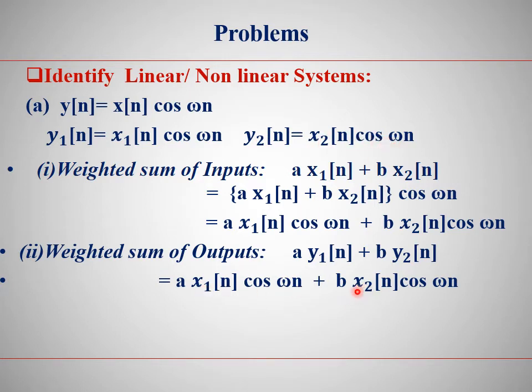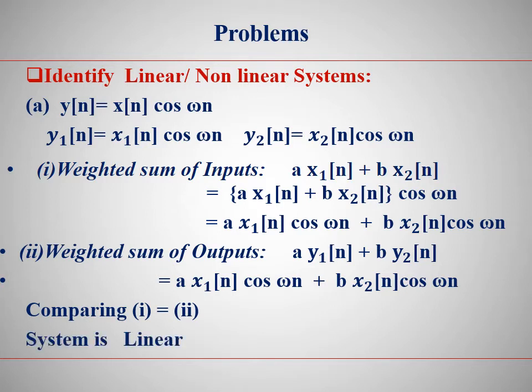Substituting, we get a into x1 of n cos omega n plus b into x2 of n cos omega n. Comparing 1 and 2, we see that both are the same. Hence, our conclusion is that the system is linear.